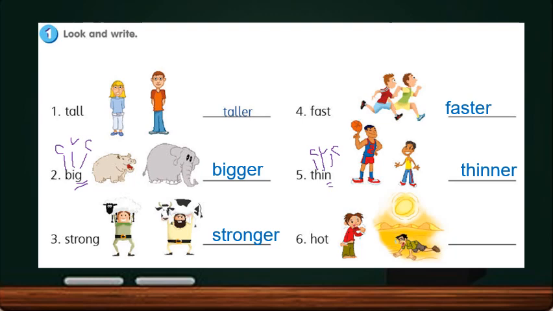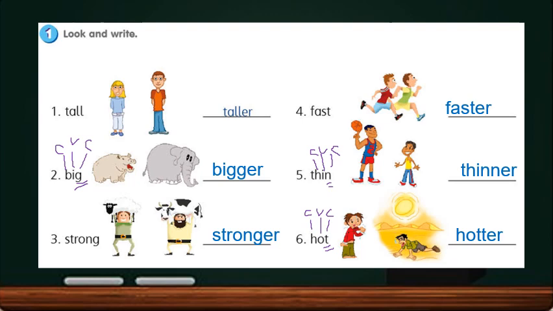The last question, number 6, hot. Hot is also in CVC form. So we have to double the final T and add er to form hotter, H-O-T-T-E-R, hotter. Do you manage to get all the answers correct?